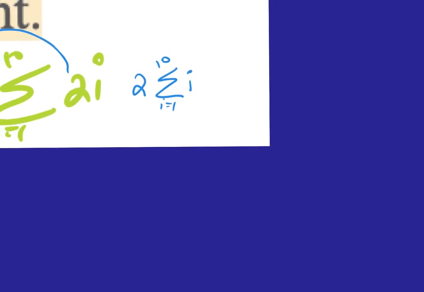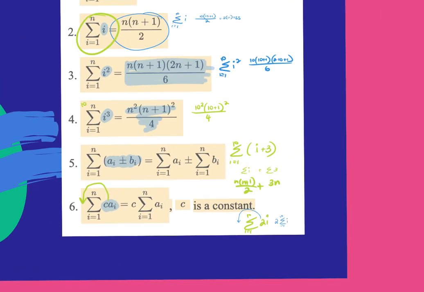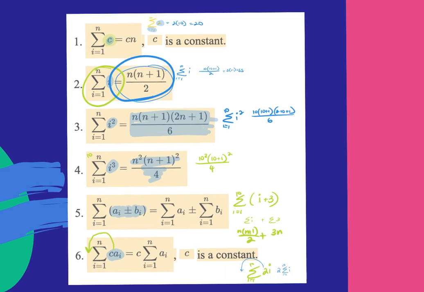I would move the 2 to the front, so 2 times the summation of I. And I would go back to my I rules, which again at the top say n times n plus 1 over 2. So this would be 2 times n times n plus 1 over 2. And then I would plug in 10 and I would simplify it.